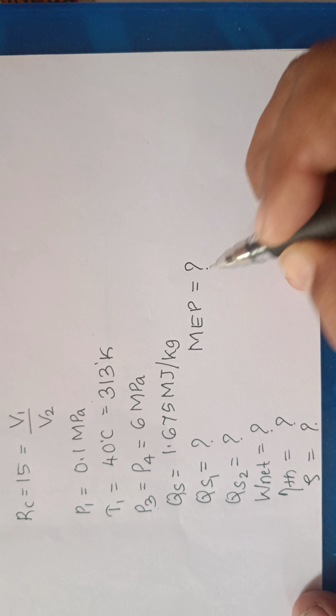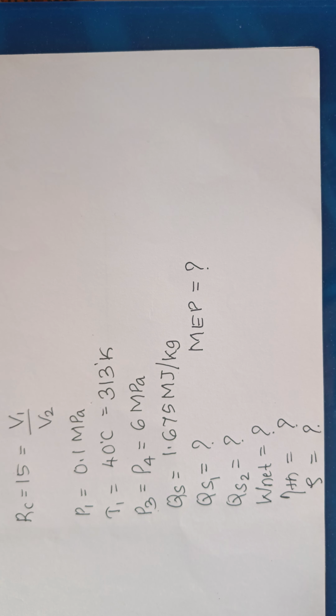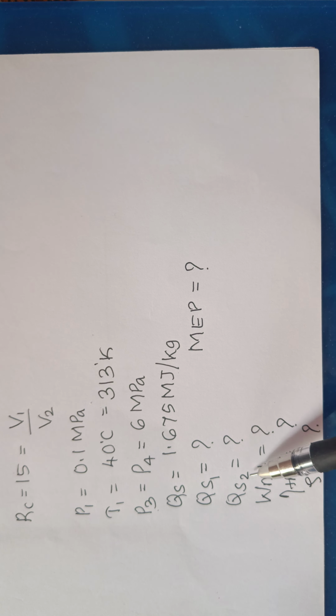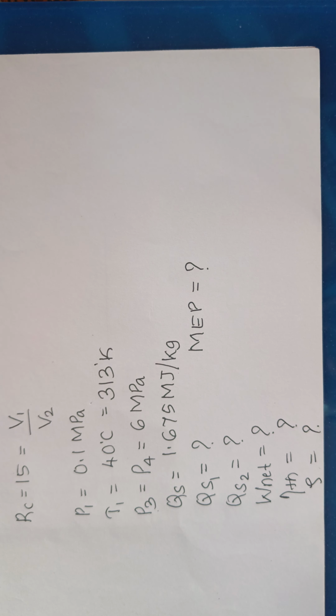These are the things we need to find in the problem: heat supplied at constant volume, heat supplied at constant pressure, work done per kg of air, thermal efficiency, cutoff ratio, and mean effective pressure.